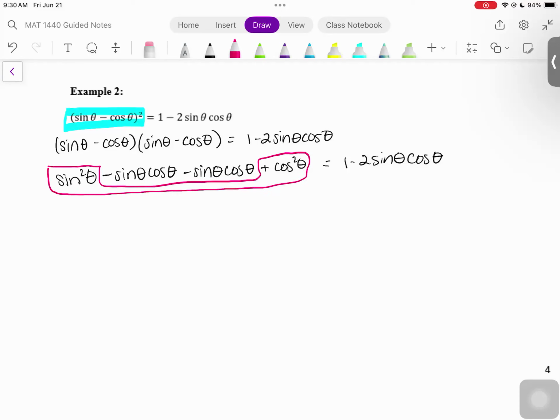So I could rewrite this or change the order, but I don't necessarily need to. Sine squared theta plus cosine squared theta is 1 by our Pythagorean identity. And then our middle two terms, minus sine theta cosine theta minus sine theta cosine theta, those are like terms, so we can combine them. This is minus 2 sine theta cosine theta, which is equal to the right side, 1 minus 2 sine theta cosine theta.